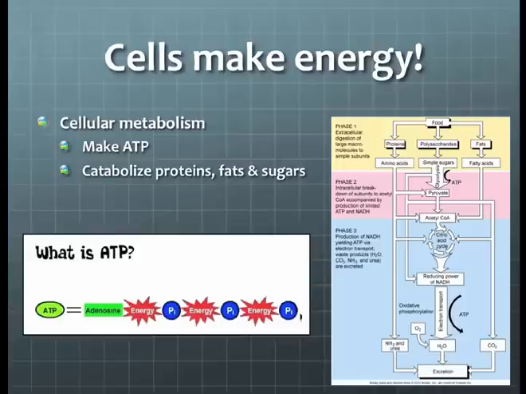Remember, you had glycolysis to break down the sugar, but you have fatty acids that have to get broken down into acetyl-CoA. You have proteins that got broken down into amino acids. Those amino acids need to get broken down into acetyl-CoA.